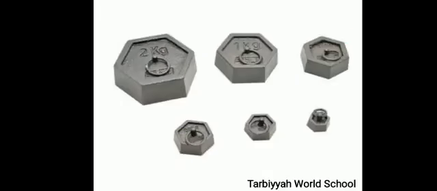Okay, now see, these are the weights. First of 2 kg, second 3 kg, 1 kg, and 500 grams, 750 grams, 250 grams, and 50 grams. Okay, so these are the weights which is used for weighing balance.